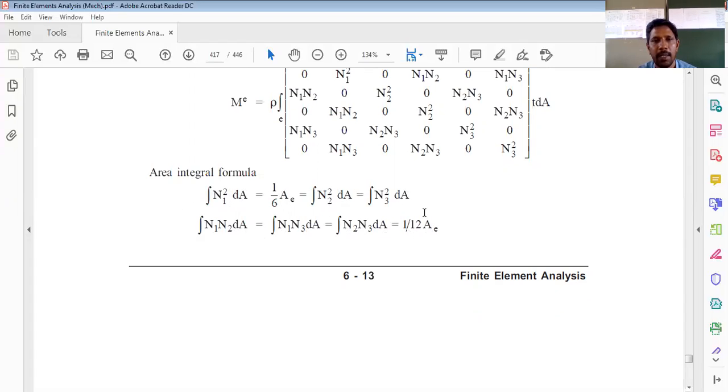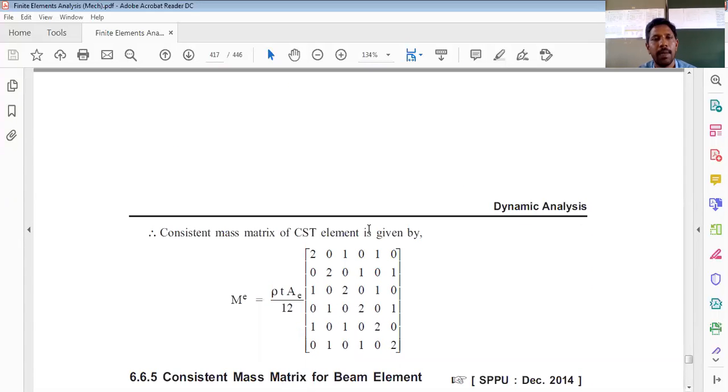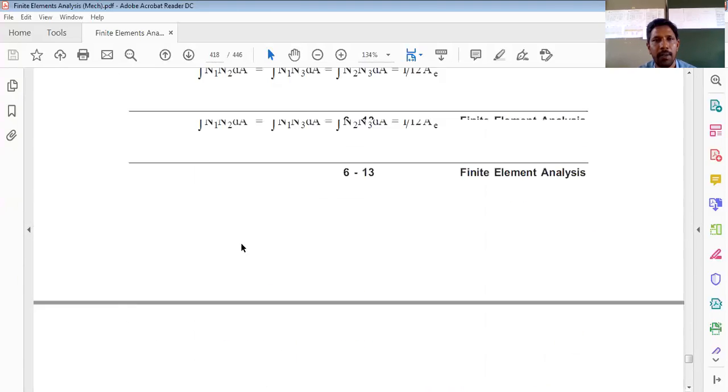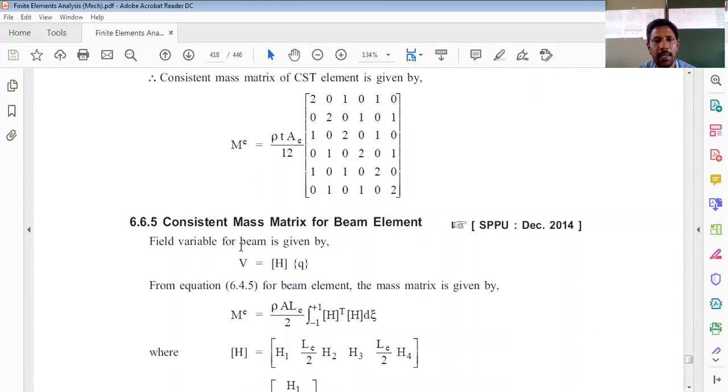So please remember this set of formulas, you can write them directly. When you substitute back, you will get the consistent mass matrix of the CST element, which is rho t A divided by 12 times a 6 by 6 matrix. You can understand it from the coefficients of the terms.